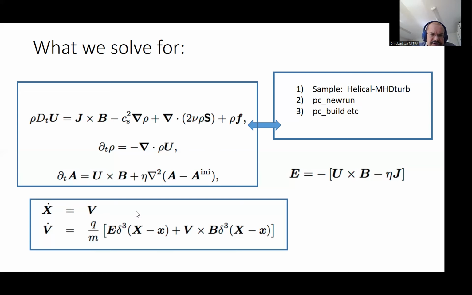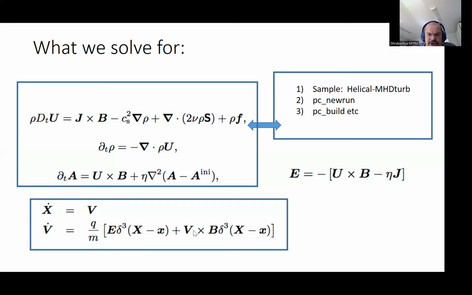Now we introduce particles. The particles typically come with two equations, because the equation of motion of the particle is typically second order, except for tracer particles, and I will tell you about them also. But most of the time, the particle behavior looks like this: dx/dt is the velocity and dv/dt is the acceleration, which gives me the force.